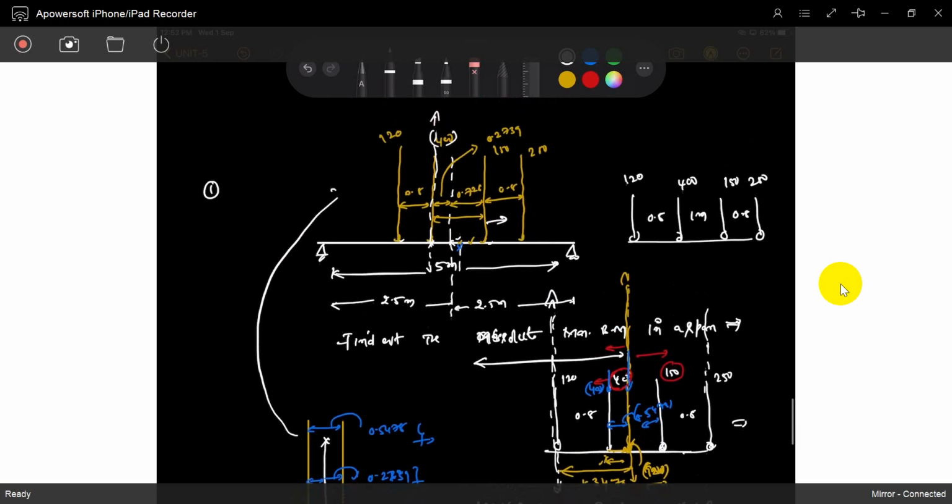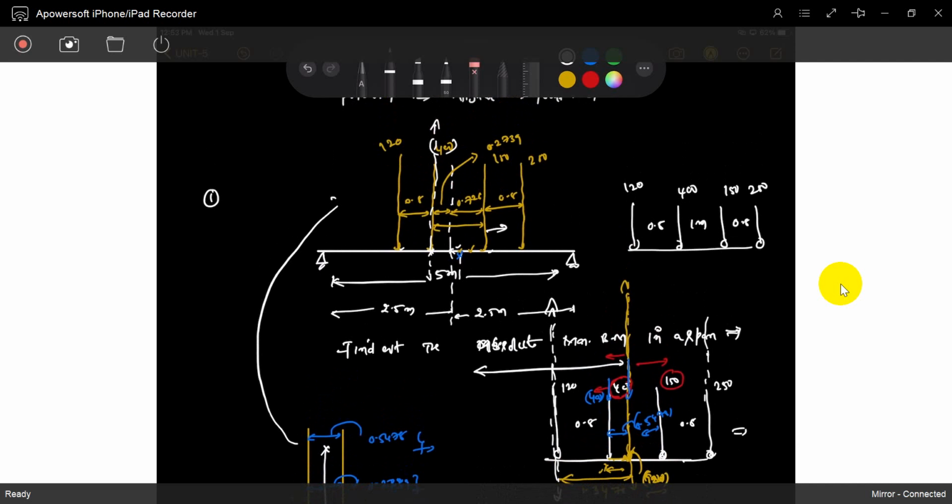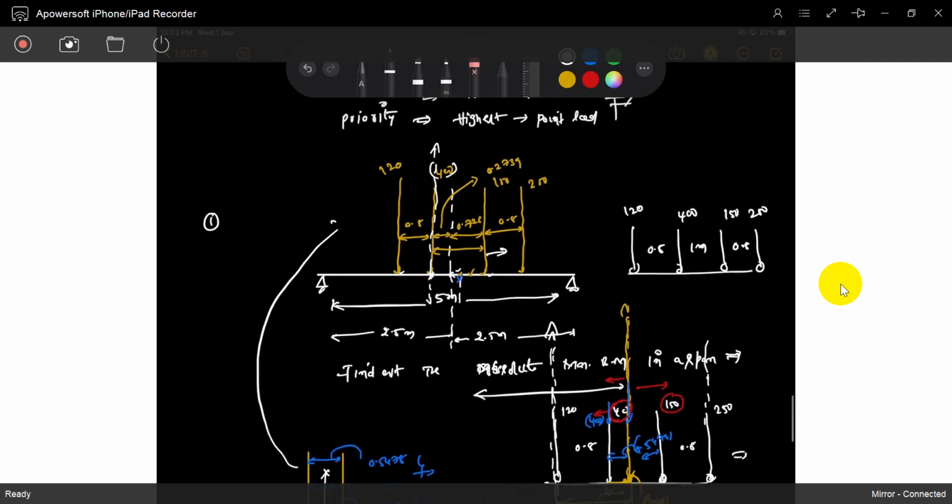So what is that section? What is the distance? This is 0.8.